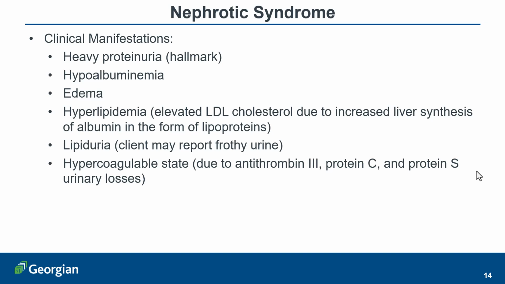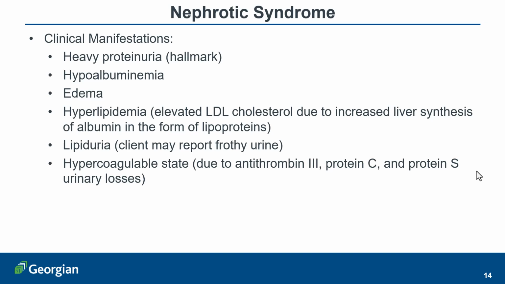But the problem is, in the liver, albumin is produced as a lipoprotein. And so when you produce these lipoproteins in order to compensate for the loss of albumin, yes, you will produce more albumin, but at the same time you'll produce more lipids when the lipoproteins are cleaved. So when the lipoproteins are cleaved, you'll get albumin, but you'll also get more lipids.